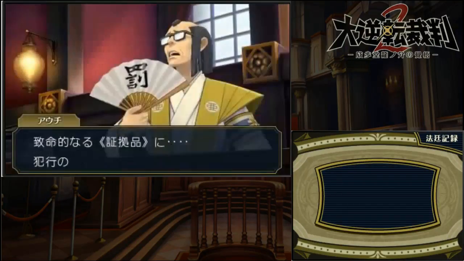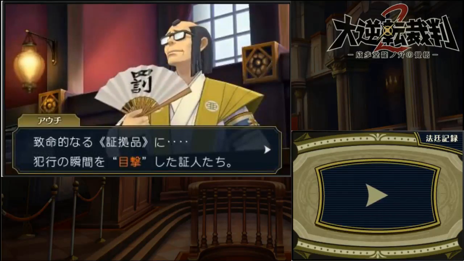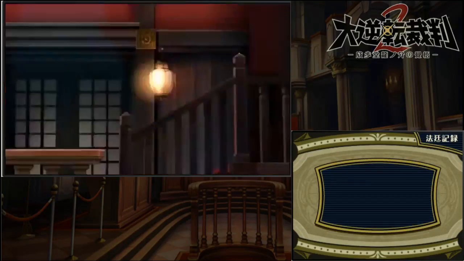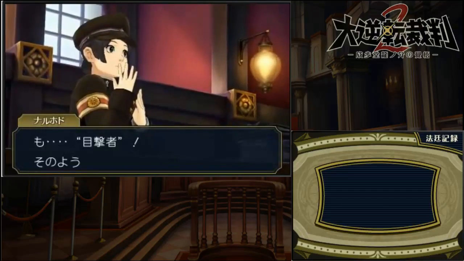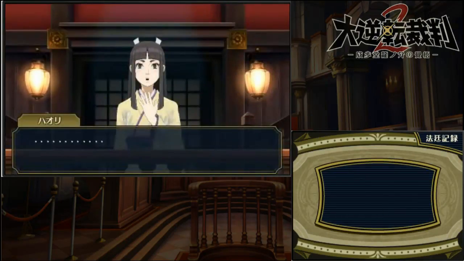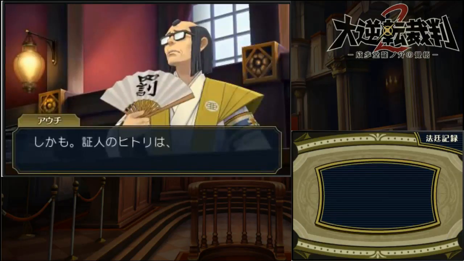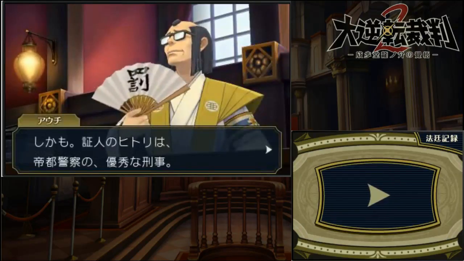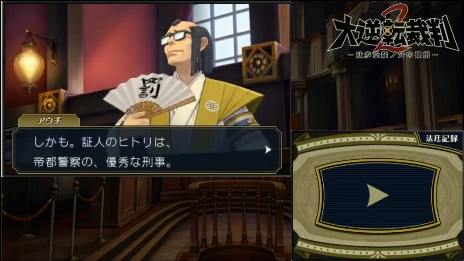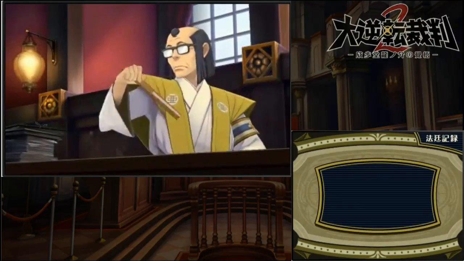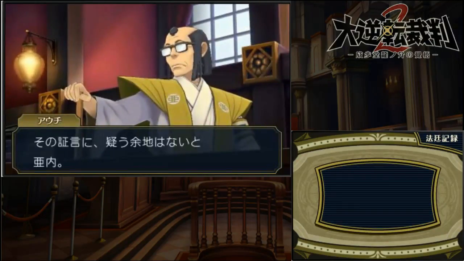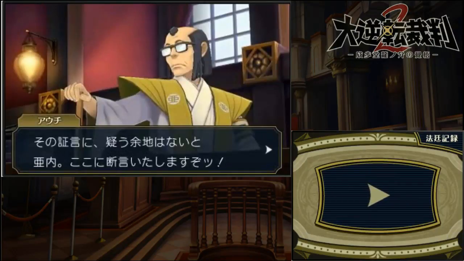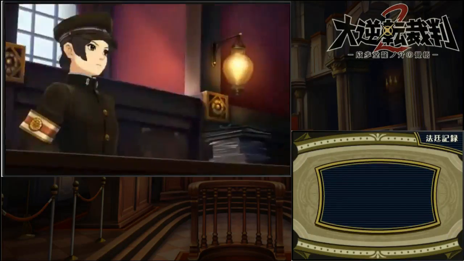Evidence and witness testimony alike will prove fatal to her claims of innocence. Witnesses? There were witnesses to the crime? Well, she was being escorted. Furthermore, one of the witnesses is an outstanding inspector of the Capitol Police Force. I, Ouchie, dare say that this man's testimony will leave no room for doubt.